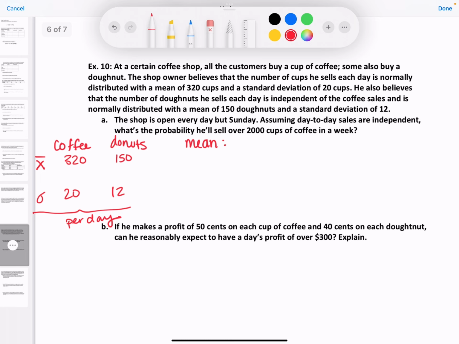This is for one day. I want it for a whole week. I'll say 125. 320 plus... and that's 1,920 cups. That's how many cups of coffee they sell, because right now all I care about is coffee.